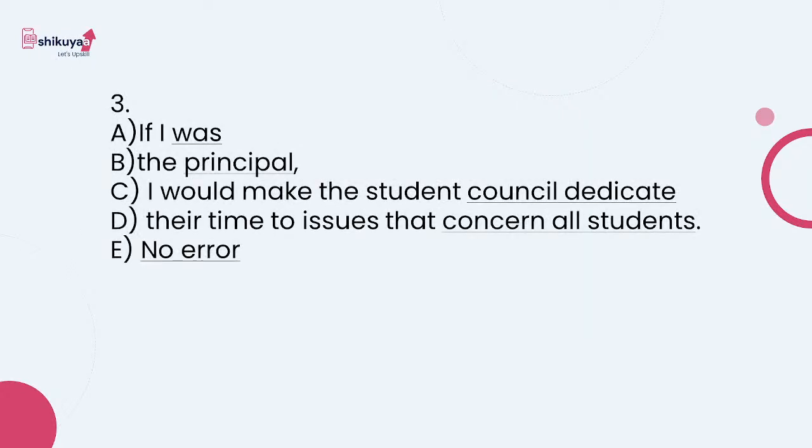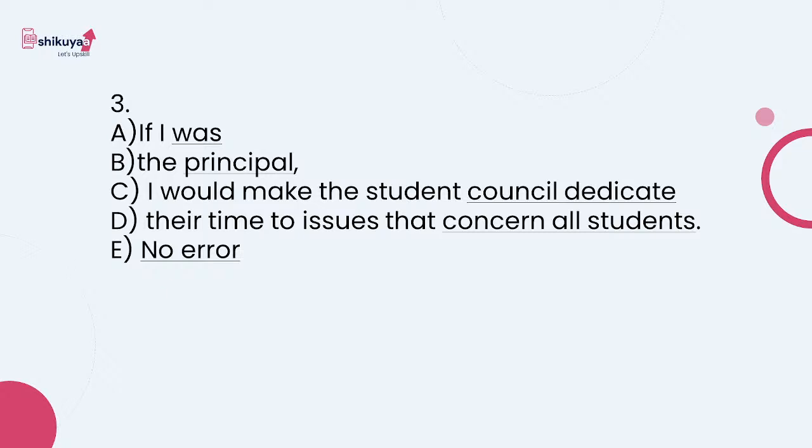So the next question here is the same type of question. Let me read the complete sentence first. If I was the principal, I would make the student council dedicate their time to issues that concern all students.